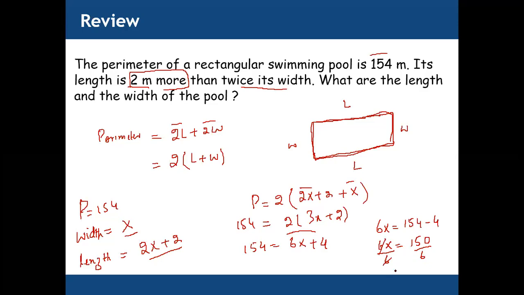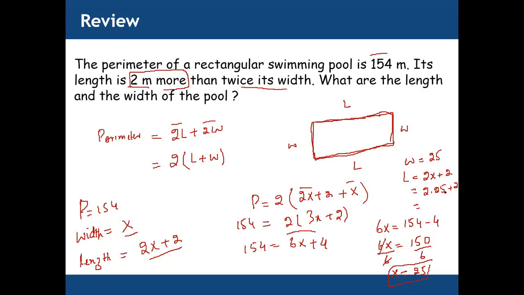It means x is equal to 25. This means the width of this rectangle is 25. And what about the length? The length is 2x plus 2, which means 2 multiplied by 25 plus 2.